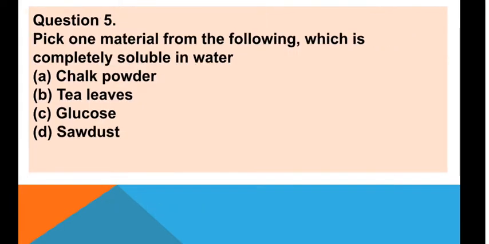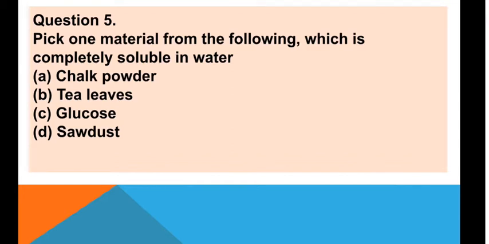Now we have question number 5. Pick one material from the following which is completely soluble in water. We had a discussion about soluble and insoluble, so you can pick out the correct answer from these. Option A, chalk powder. Option B, tea leaves. Option C, glucose. And option D, sawdust.